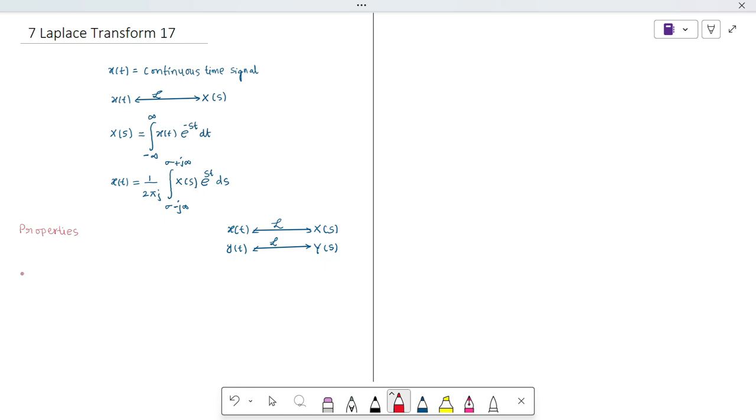Now the first one is the linearity property. We know that linearity is nothing but scaling and addition, additivity.